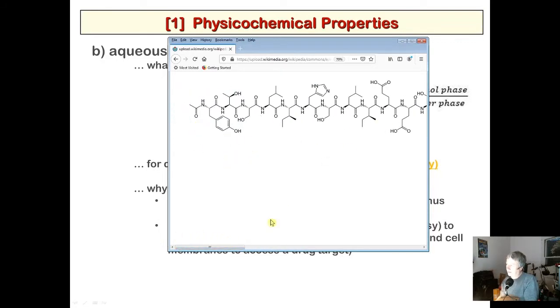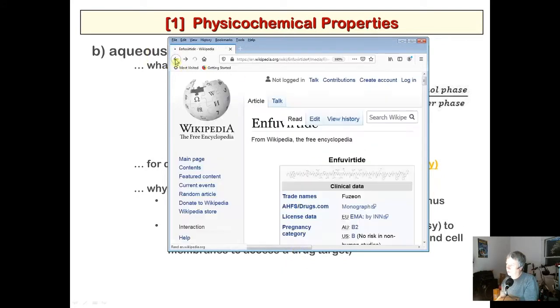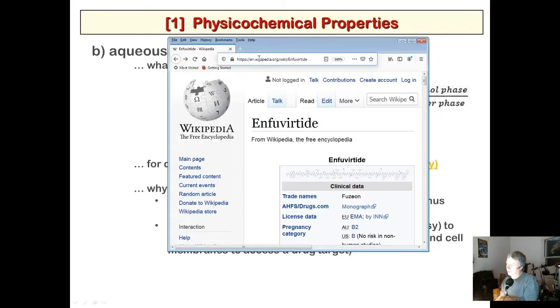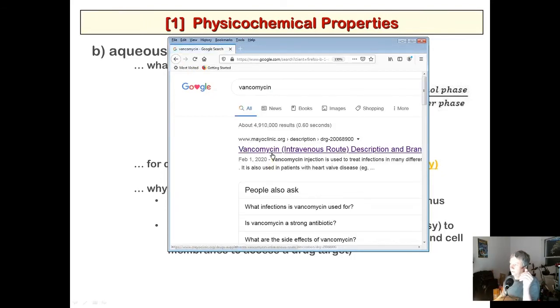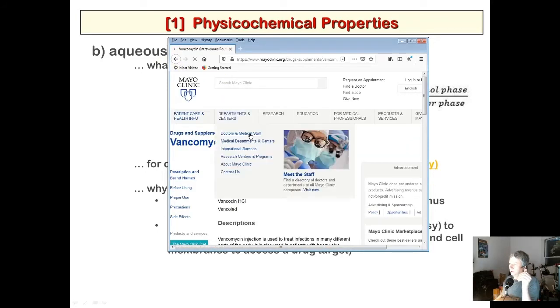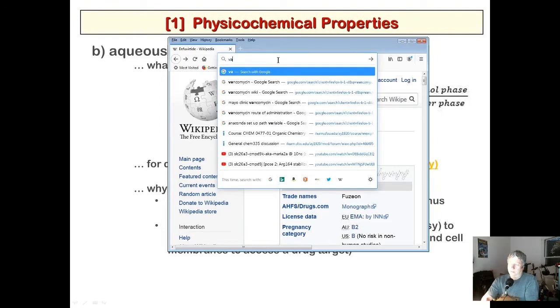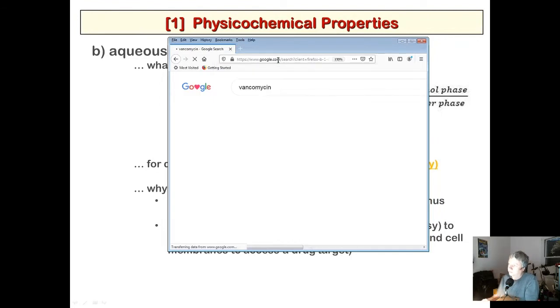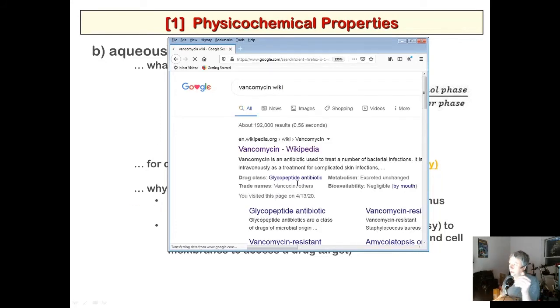Any drugs that are incredibly polar or peptide-like are all IV drugs. One more example is vancomycin. It's a pretty amazing molecule in terms of its chemical structure.